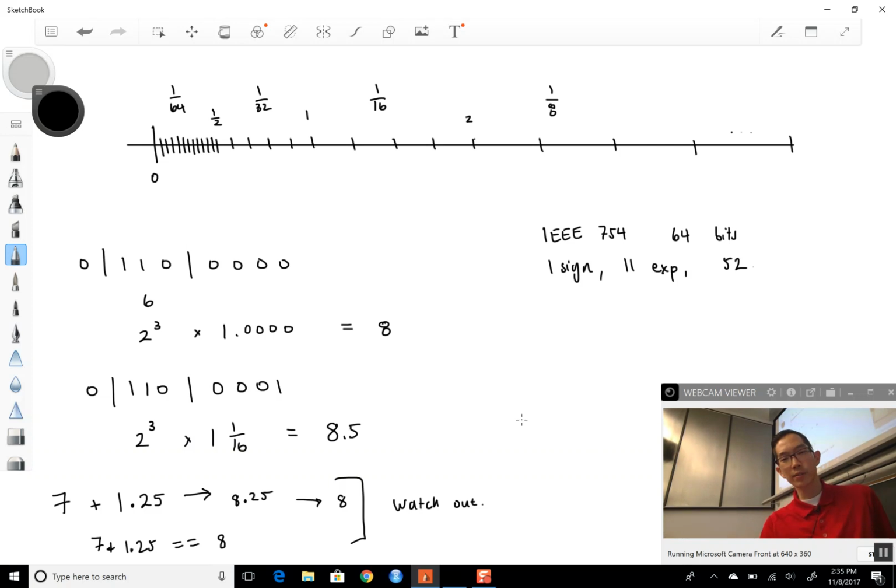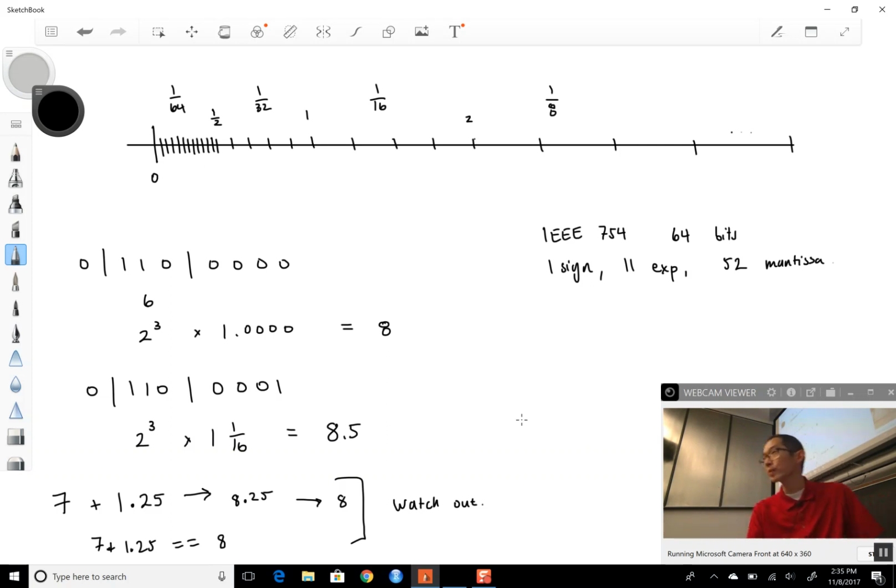Yeah, 52 for the mantissa. And so this allows us to represent a bunch of numbers. It's the same kind of system, except you're dealing with much bigger or much smaller scale. But the same mentality applies: near 0, you can increment by very small amounts. As you get farther away from 0, the amount you increment will grow until you get to larger numbers.